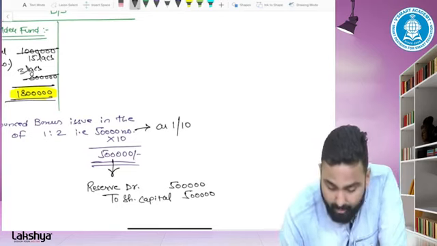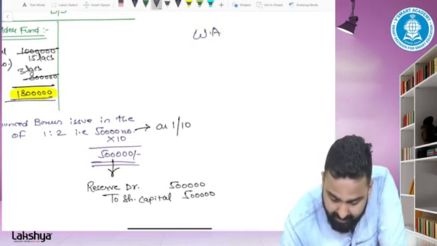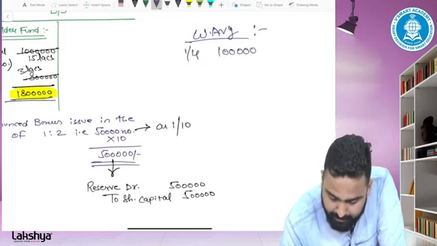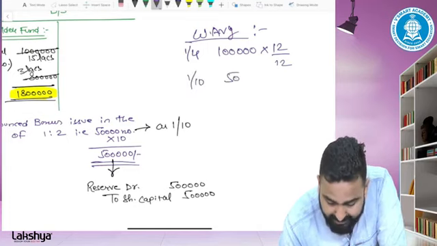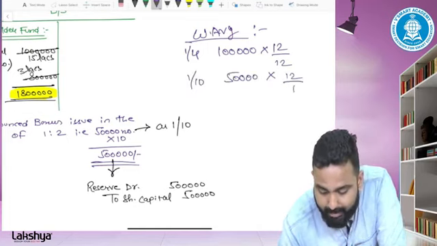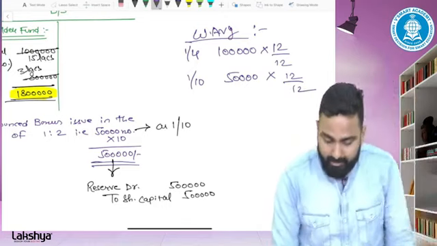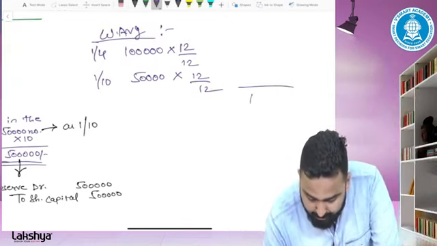For weighted average, 1 lakh shares from 1st April into 12 by 12, and even for the 1st October 50,000 bonus, I will take 12 by 12 only. So ultimately it will be 150.